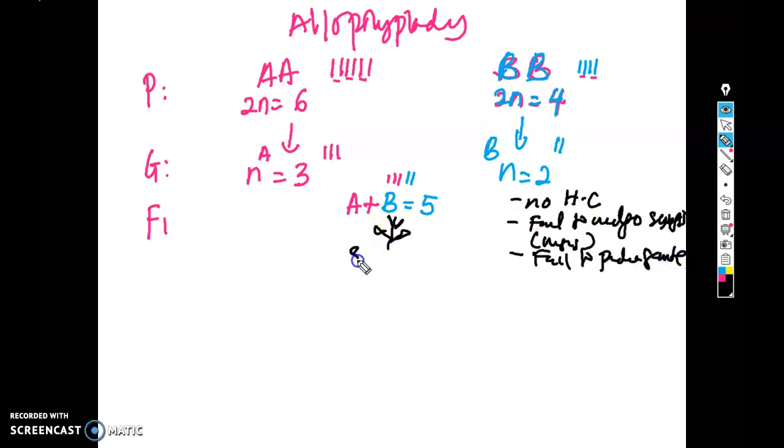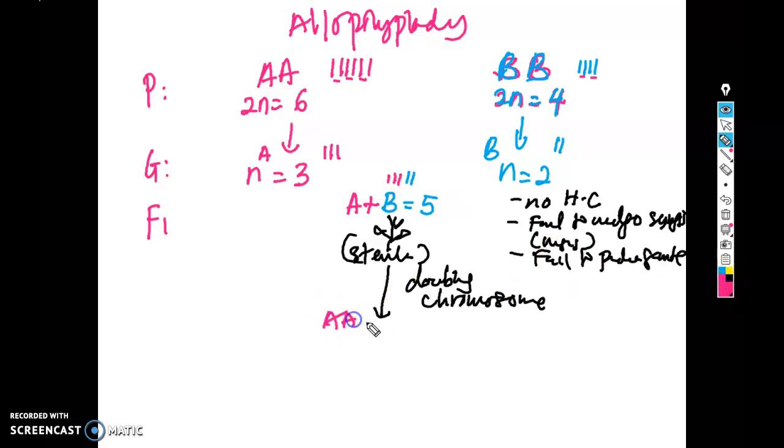So we consider this plant sterile. To become fertile, this plant has to undergo chromosome doubling. When it undergoes doubling, they will become AA and then BB, so the number of chromosomes increases: 1, 2, 3, 4, 5, 6.